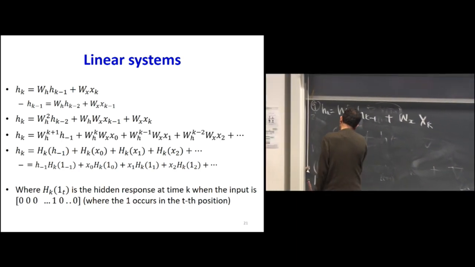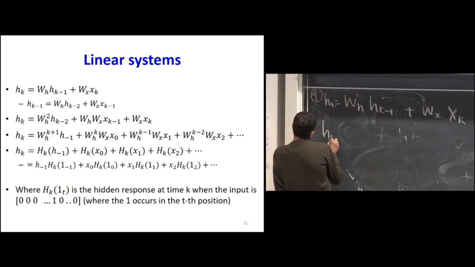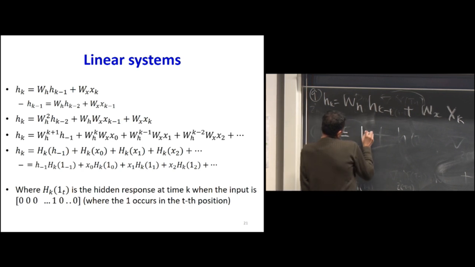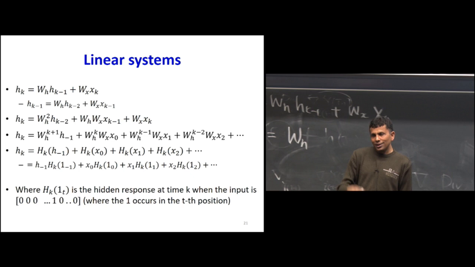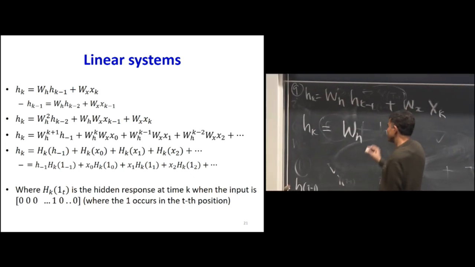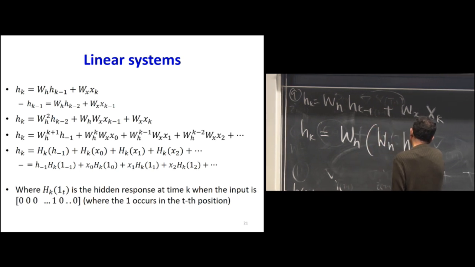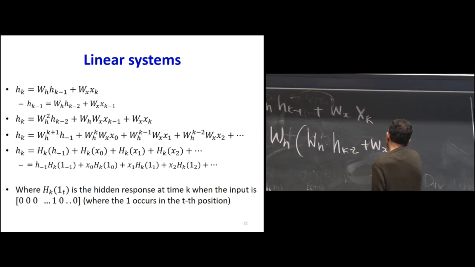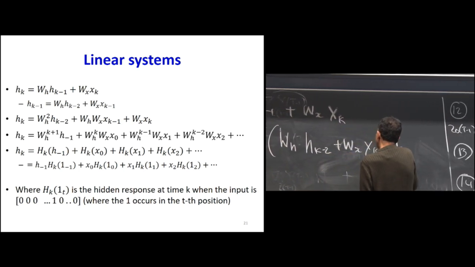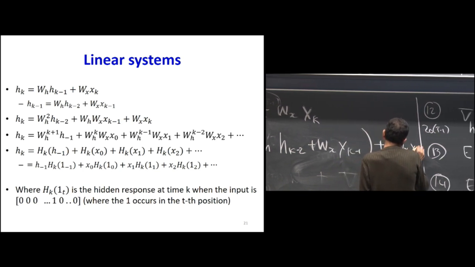Again, what is h_{k-1} expanded in the same way? So I can say h_k equals W_h times this thing, which can be expanded, can it not? That's going to be W_h h_{k-2} plus W_x x_{k-1}, plus W_x x_k, right?